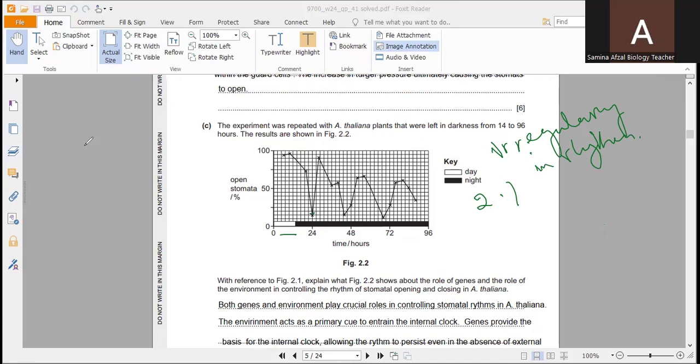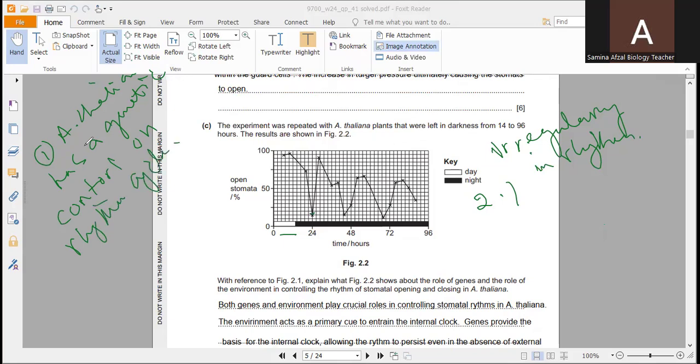I would like to write over here that A. thaliana has a genetic control on the rhythm cycle. Maybe they are irregular. They are irregular, but present.